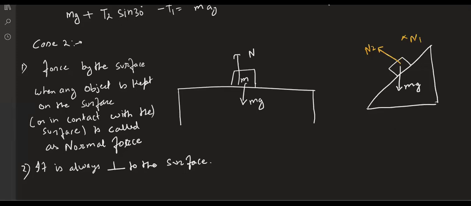So that's the thing. Normal is not always in the upper direction. It is just perpendicular to the surface. Just imagine if we had any object like this.